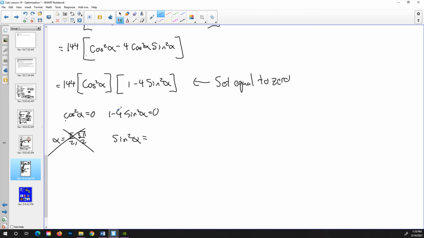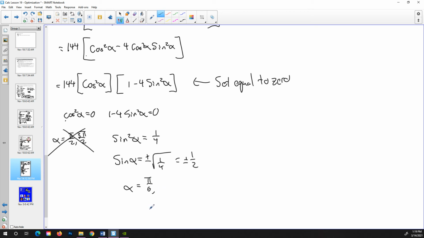Now, if I set this equal to 0, I can say that the sine squared of alpha is equal to, I will subtract 1 and divide by negative 4, so I'll have 1/4. I can say that the sine of alpha is equal to plus or minus the square root of 1 over 4, which is equal to plus or minus 1/2. Now, the sine is equal to 1/2 at pi over 6.